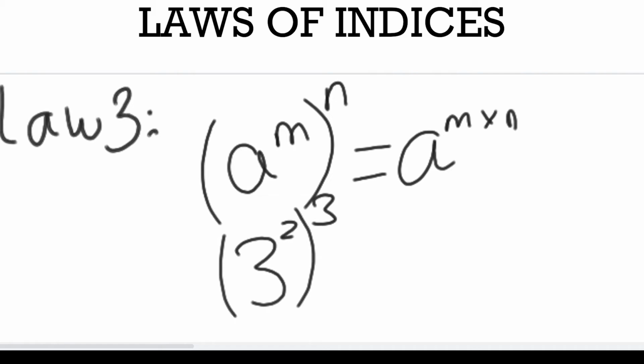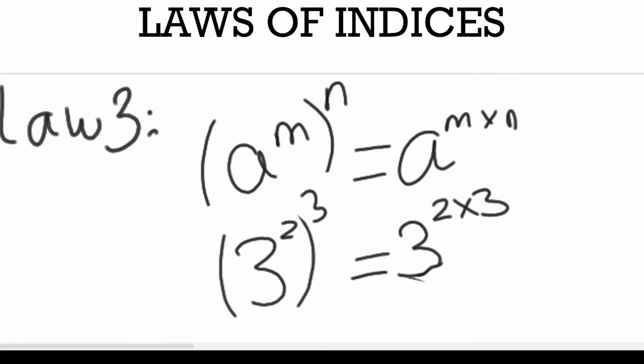This could be written as 3 to the power 2 times 3, which is 3 to the power 6, and 3 to the power 6 is equal to 729.